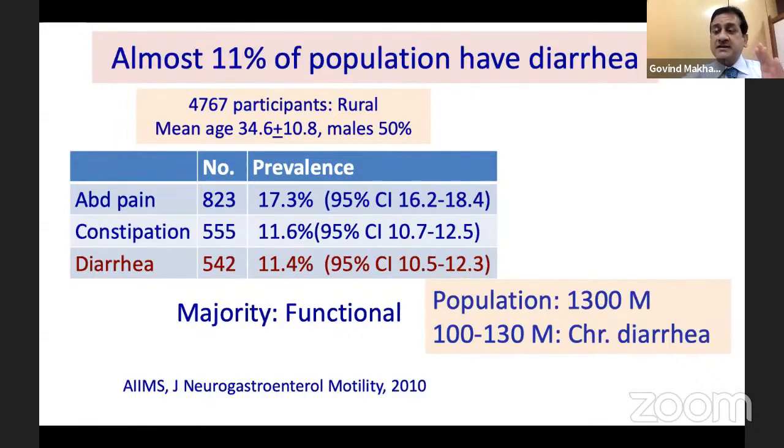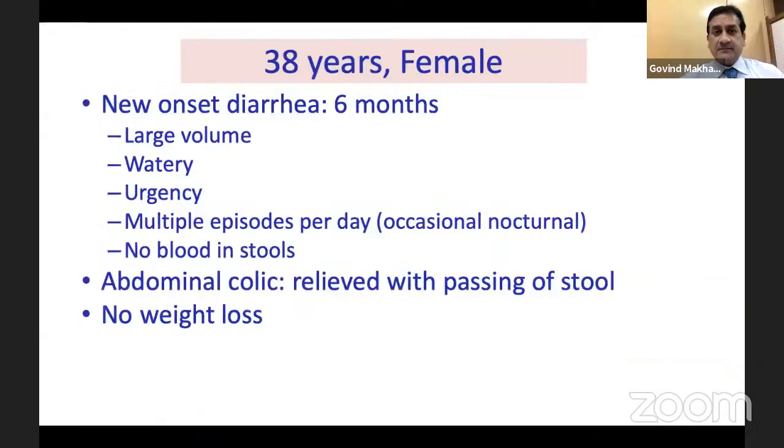So chronic diarrhea is an important disease for all physicians and gastroenterologists, and therefore it is important that we know about this disease in much better detail. Furthermore, of this large number of patients with chronic diarrhea, the majority are functional in nature. I will come back to that in more detail.